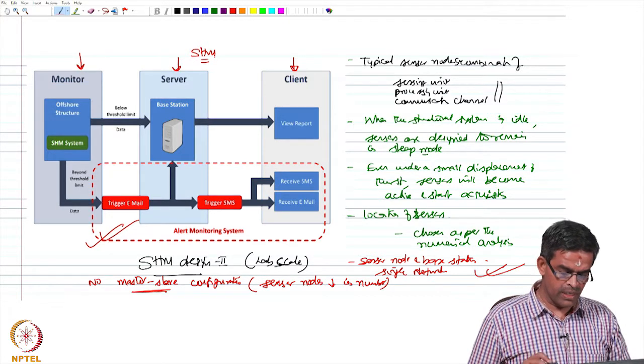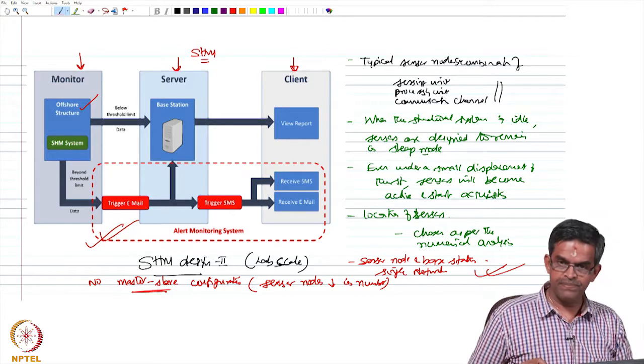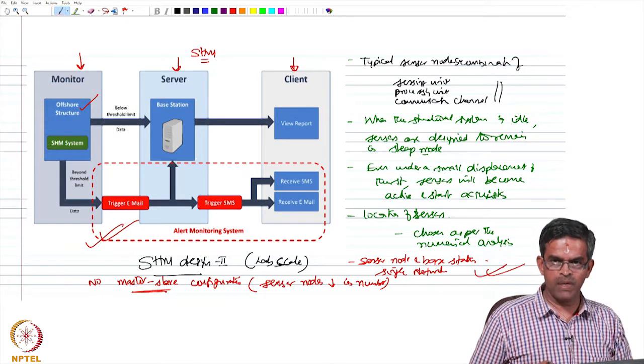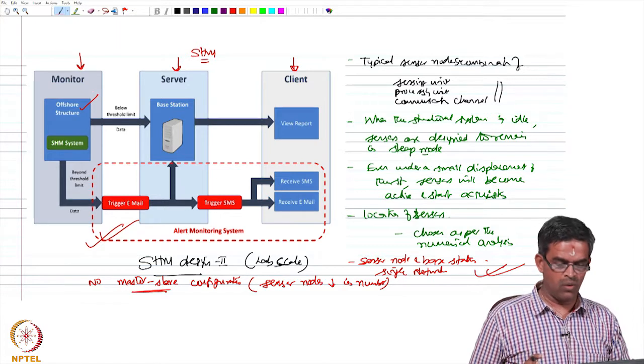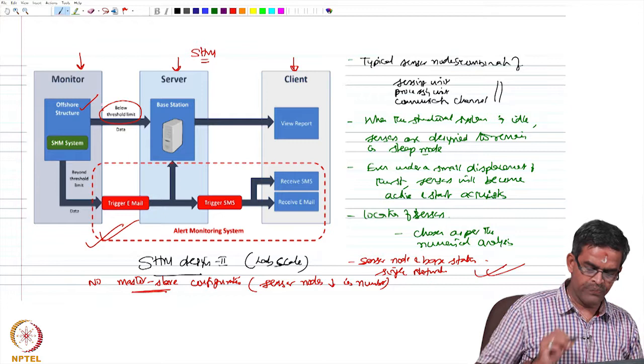Now, more interestingly, when you have a preliminary data of analysis of the offshore structure and you know what is the maximum displacement the structure is permitted to undergo, you fix up what we call a threshold value. Okay.